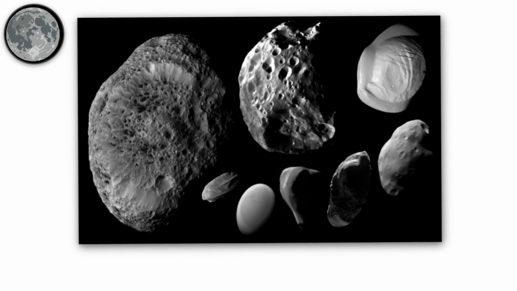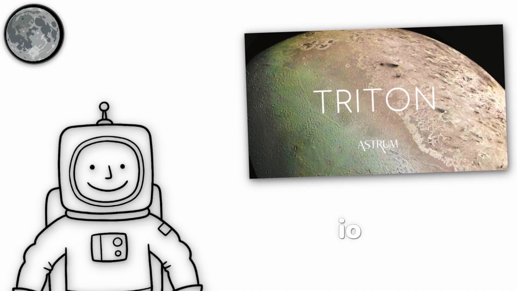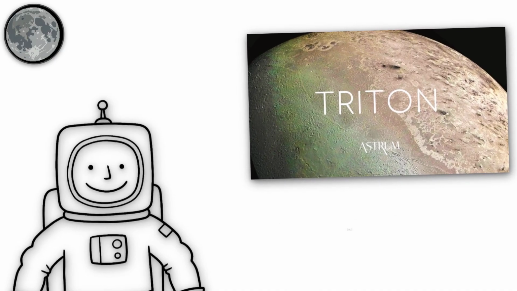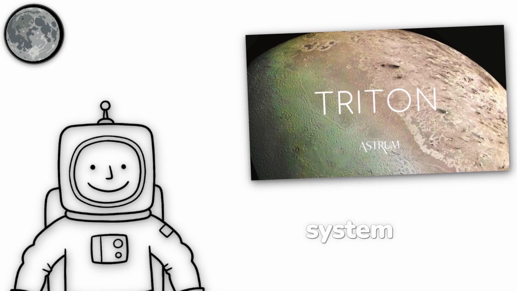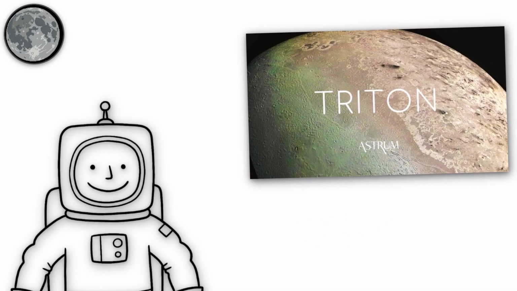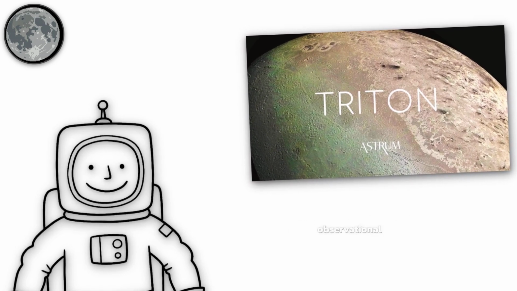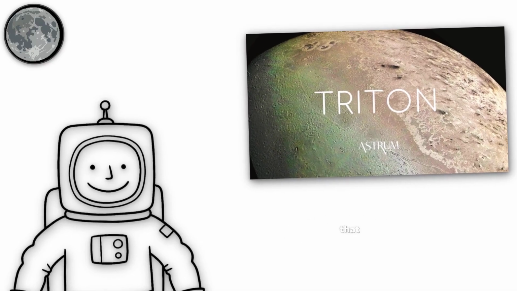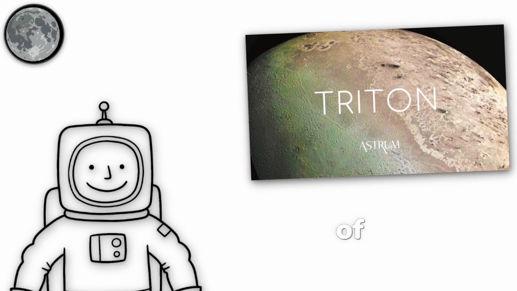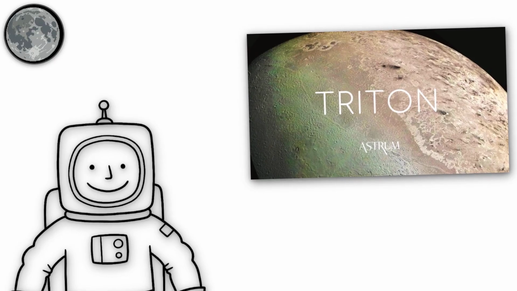The Galilean moons of Jupiter, Io, Europa, Ganymede, and Callisto were the most famous examples of regular moons in the solar system. The four large moons discovered by Galileo Galilei in 1610, whose discovery provided the first observational evidence that not all celestial objects orbited the Earth, and that contributed directly to the acceptance of the Copernican heliocentric model of the solar system.